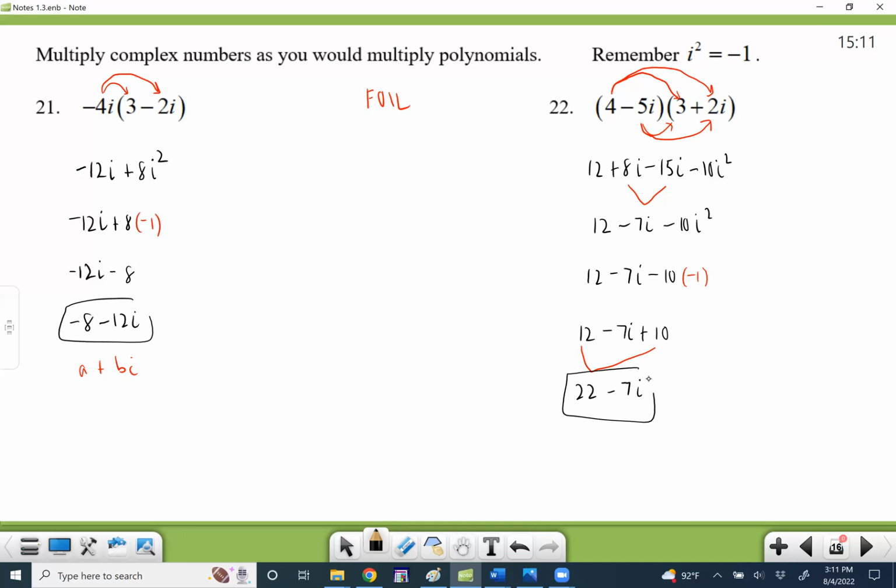Now you're probably noticing something, and I want you to notice it so we can go a little more quickly through these problems. We had an i squared here on this positive 8, looking back at the previous example, right? But what ended up happening after a few steps is the positive 8 became a negative 8. And that's always going to happen when there's an i attached to something.